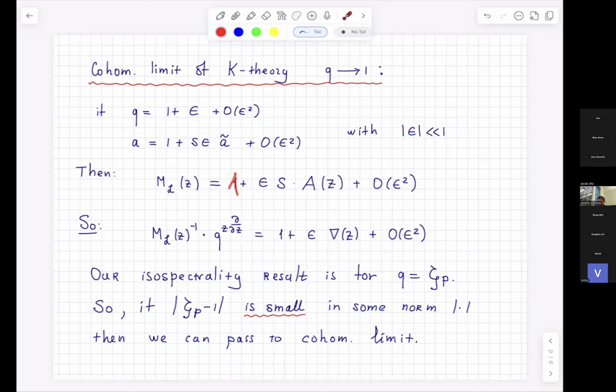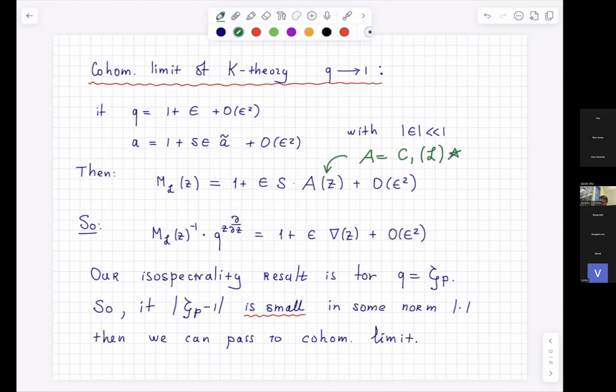It's again 1 plus epsilon S times this matrix A, which featured in the quantum connection. So here A, if you start with quantum multiplication by line bundle L, is exactly the quantum multiplication by the first Chern class of L.